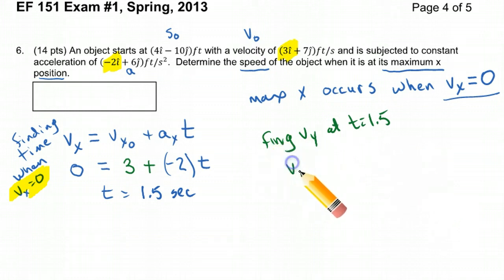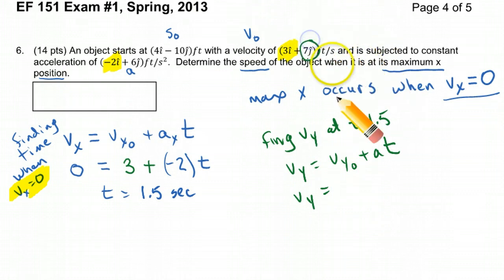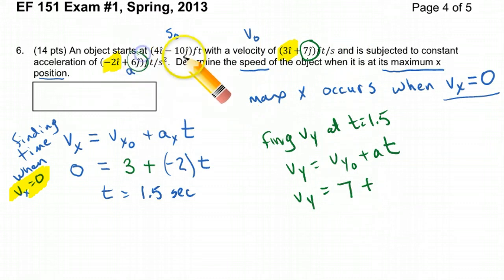And so that's going to be simply the same sort of equation, vy0 plus at. So velocity in y at time 1.5 is going to be our initial velocity in y plus our acceleration in y times our time.